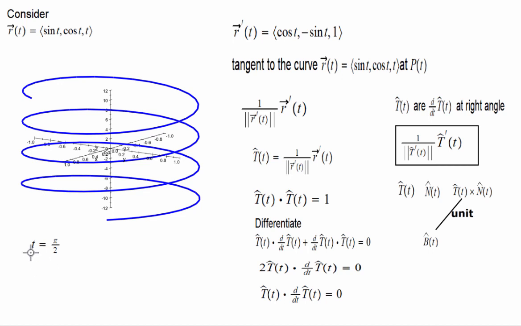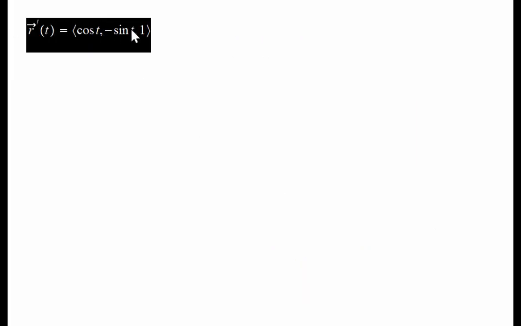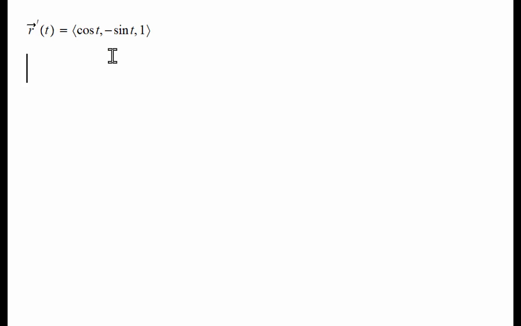So if I take my t as pi over 2, then what will r prime t become? r prime pi over 2: let's just substitute t equals pi over 2.